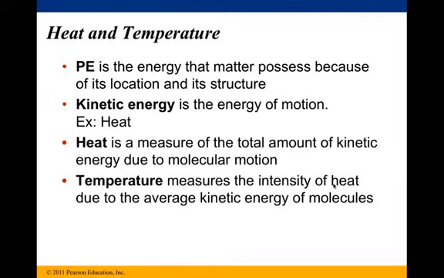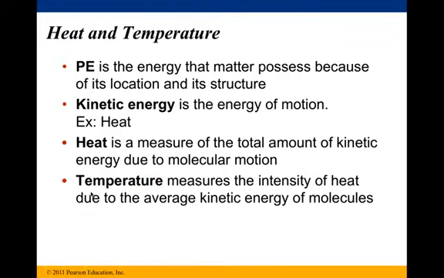There are some other random pieces of information that you need as we go further in this chapter, such as what is potential energy, what is kinetic energy, what is heat, and what is temperature, and what is the difference between heat and temperature. So make sure that you read these and make notes.